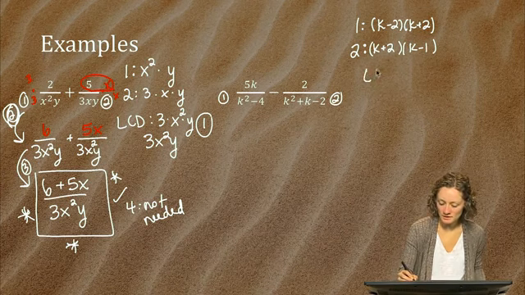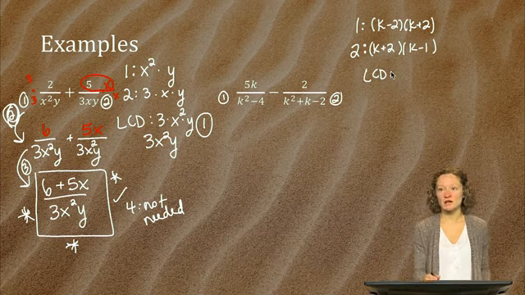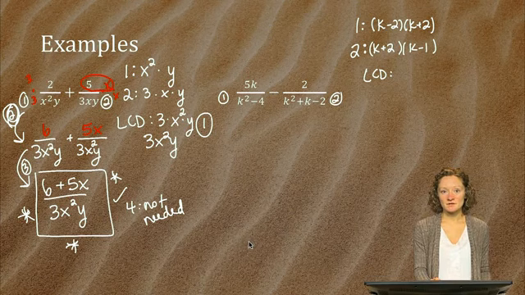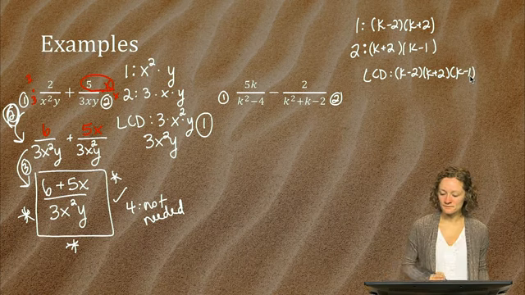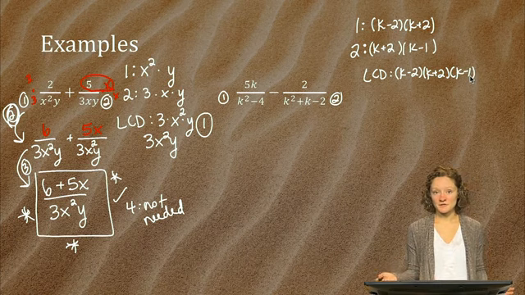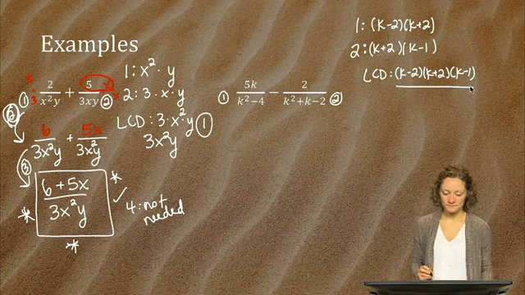All right, then our least common denominator. The product of all unique factors, each raised to the highest power that we see. So the unique factors we have are k minus 2, k plus 2, and k minus 1. And they're all raised to the first power. So our LCD sits right there.